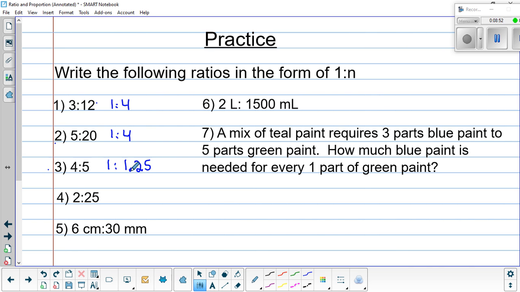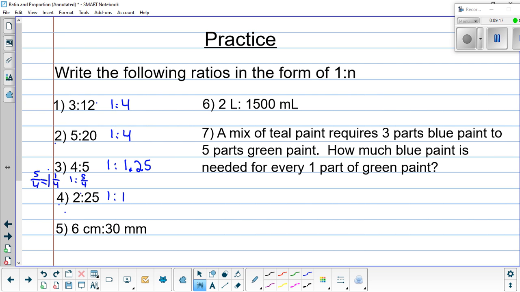So you can always try and state this as 1 to 5 over 4, which is 1 and 5/4, right, is equal to 1 and 1/4, and that can help people write out the fractions. So just little tricks. So here we want to divide by 2, so we get 1 to 12.5, right?